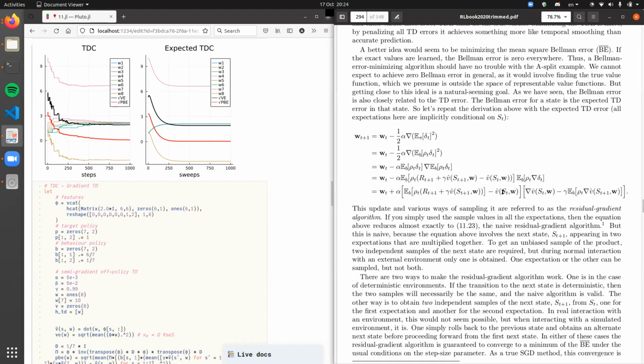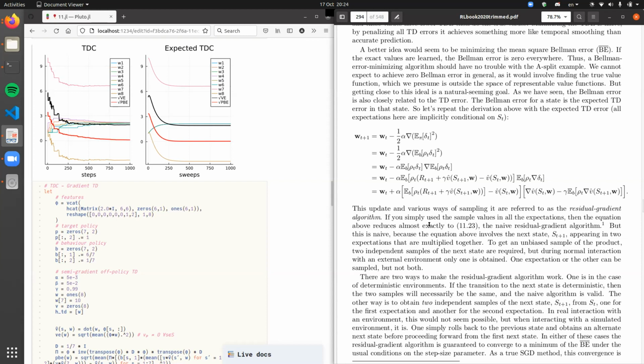To apply stochastic gradient descent directly, we need to sample here.